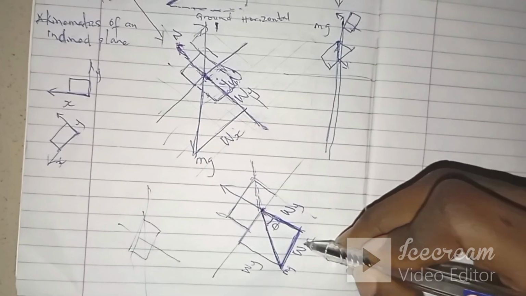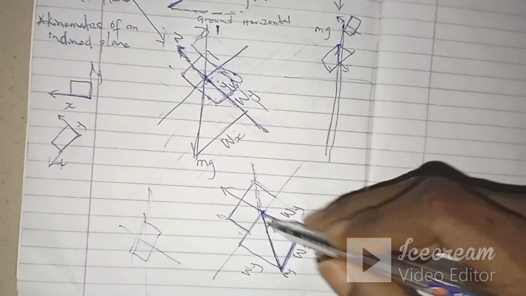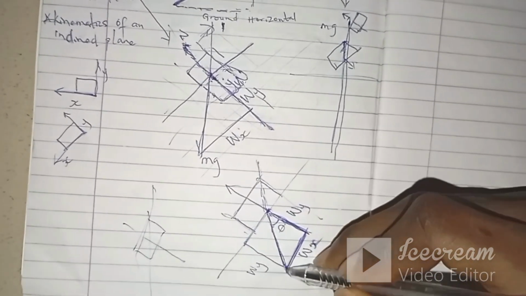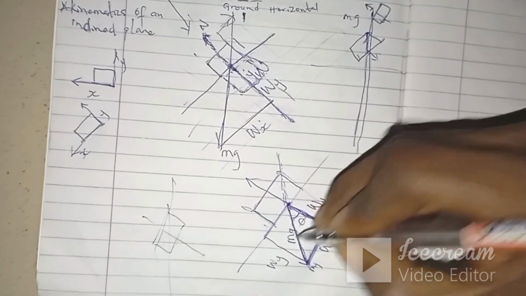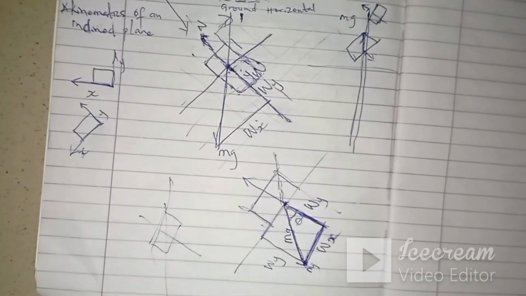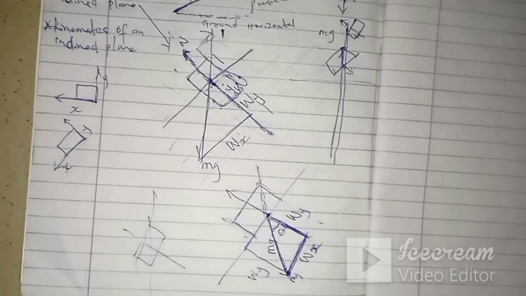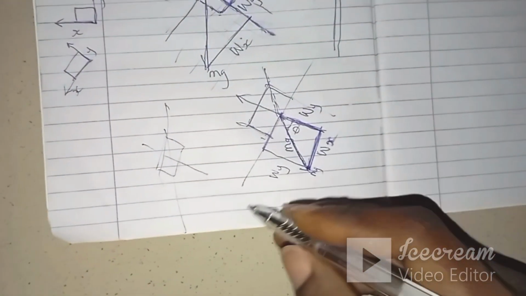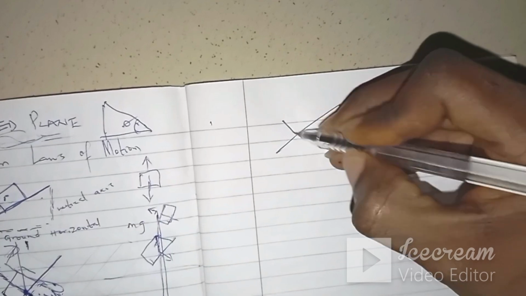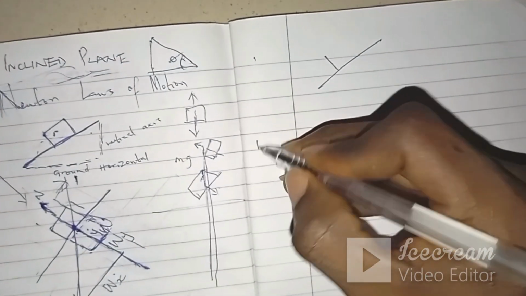If I have Wx here, this can also be Wx. Remember that what gave me this line was gravity, which means that my mg is here. That is the principle I want you to get. So if I know this, we can now employ SOHCAHTOA.